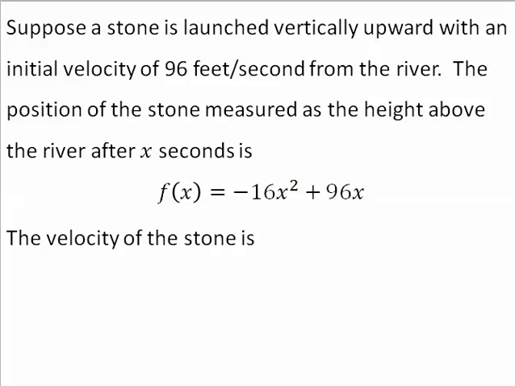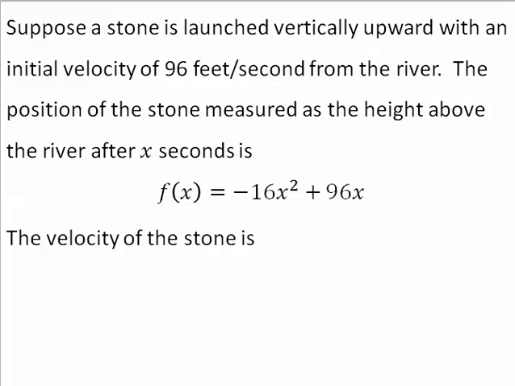Suppose a stone is launched vertically upward with an initial velocity of 96 feet per second from the river. The position of the stone, measured as the height above the river after x seconds, is f of x equals negative 16x squared plus 96x.